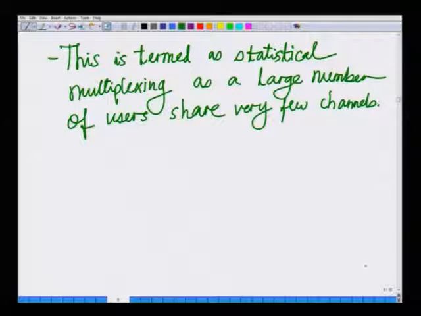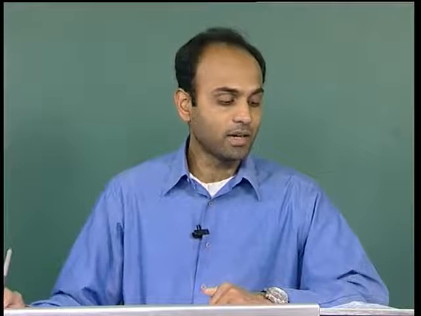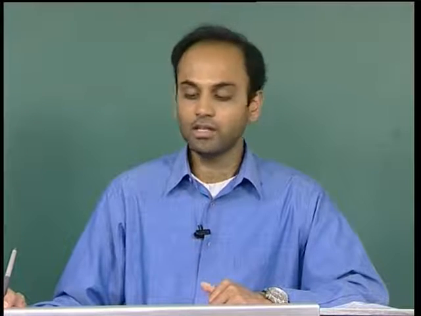In the context of cellular systems, this is essentially termed as trunking, where a large number of users share very few channels, that is, frequency bands or the number of lines that are available in the cell or at the exchange.